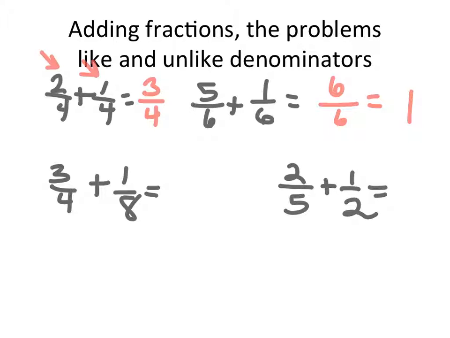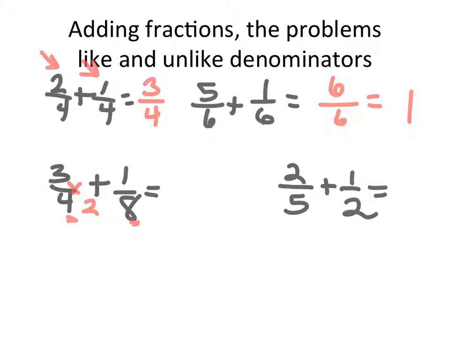And when we do that in fractions, what we're doing is we're cutting the pieces smaller so the pieces are all the same size. So could we change a piece that's a fourth to be an eighth? Yes, we can. If we cut it in half, then we'll have an eighth. So what we're going to do is take it times 2 to get 8.